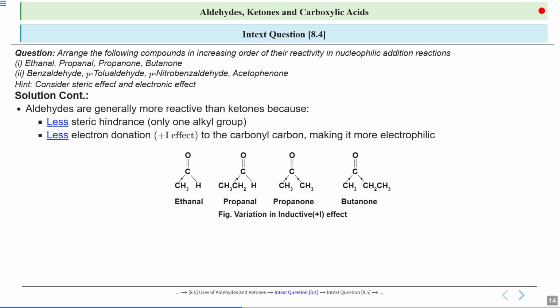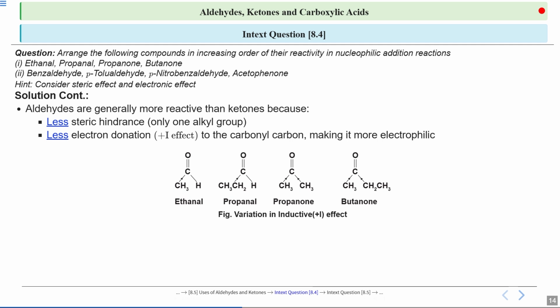Because of the presence of only one alkyl group, they will have a smaller plus I effect. Now carefully look at propanone and butanone, which are ketones. There are two alkyl groups present, which increase the electron donation effect.